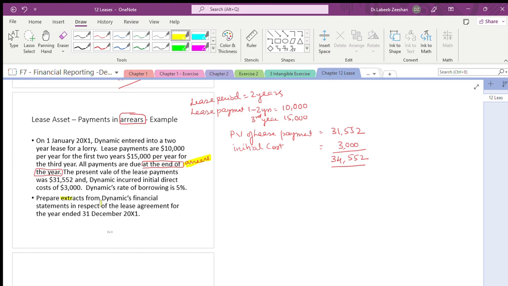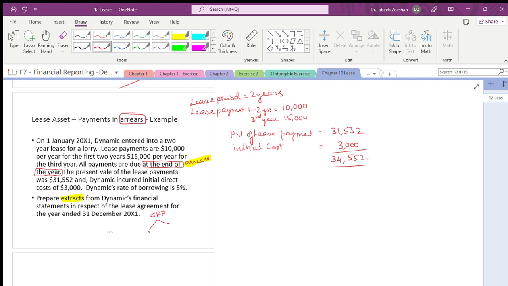You just have to mention how we are going to show it in the profit and loss account and how we are going to show it in the balance sheet, the statement of financial position.